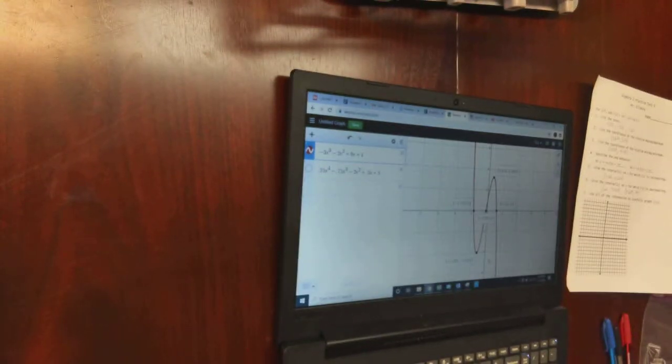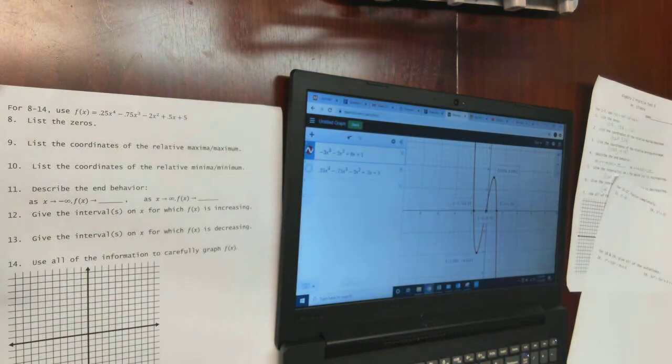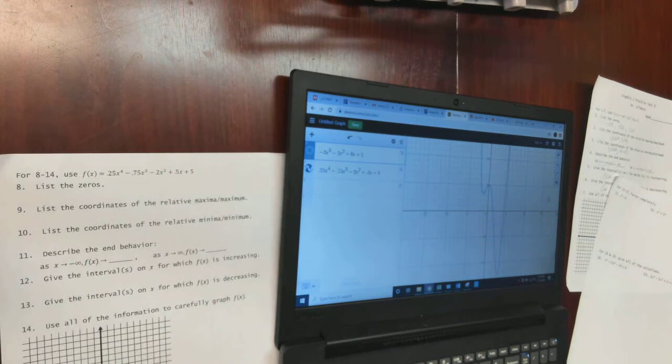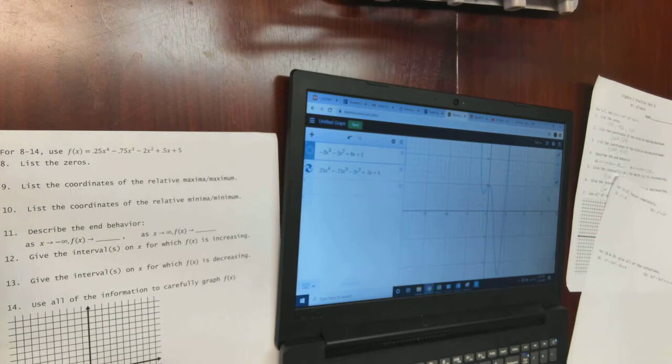All right. Now, I have number 8, as you can see, put in. I'm going to ungraph the first graph, and I'm going to graph the second one here. I'm going to zoom a little bit. There we go. So, all right, zeros.